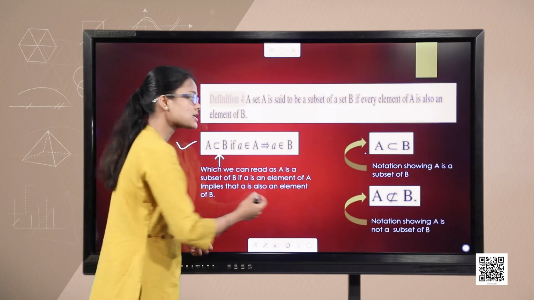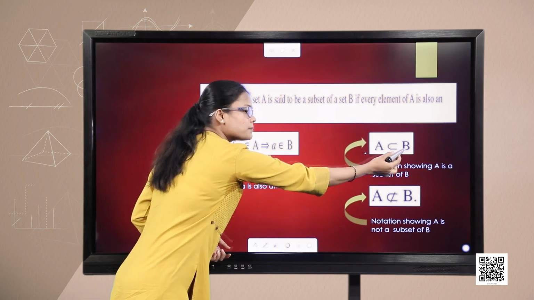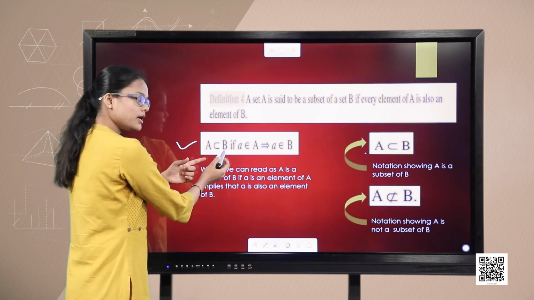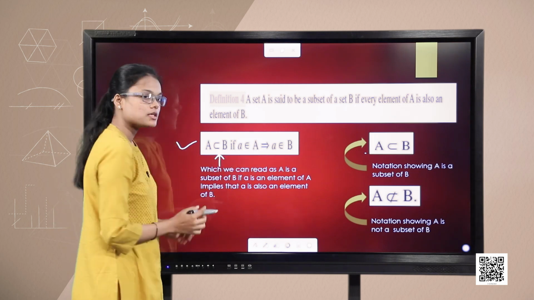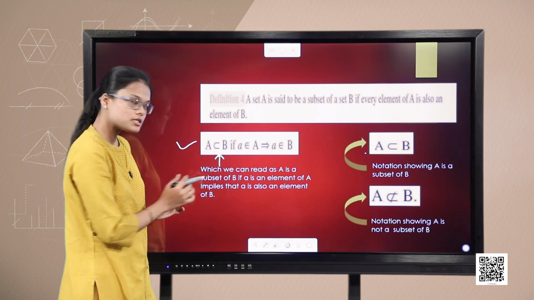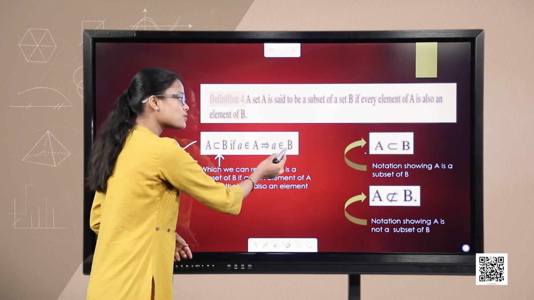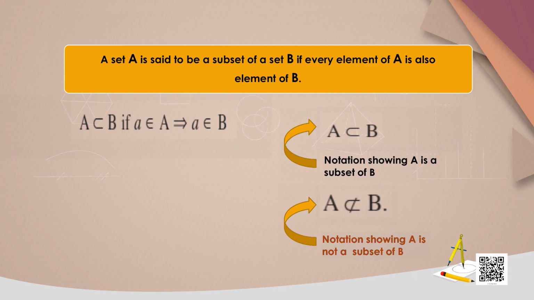Why? Because every element of A is contained in the set B. So, A is a subset of B if a belongs to A implies a belongs to B. That means, if I take any arbitrary element in A, then it implies that it is also a member of the set B. If A is not a subset of B, then the notation used is like this.